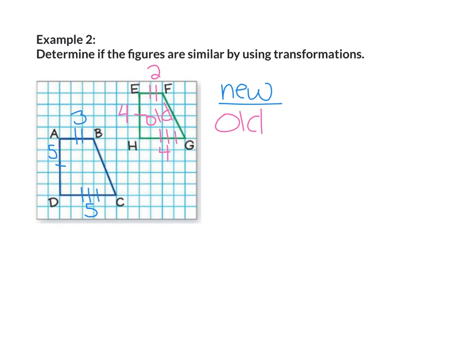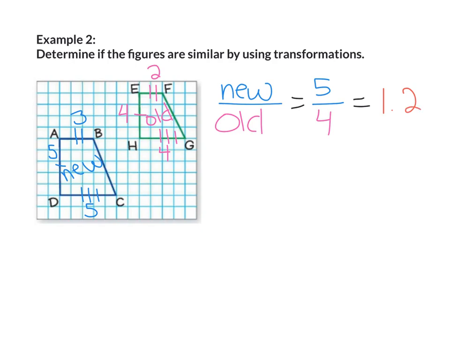And the new figure will be the larger one. So I'm going to take side length AD, which is 5, and divide it by side length EH, which is 4. So 5 divided by 4 will give me 1.25.